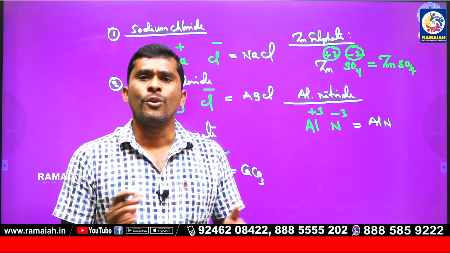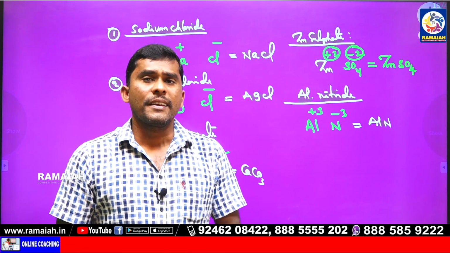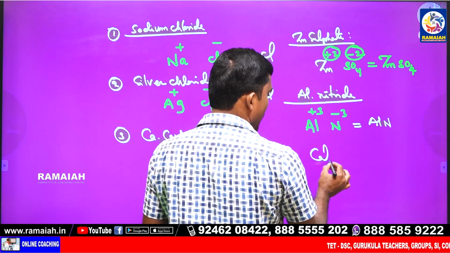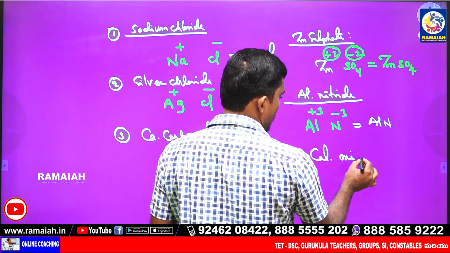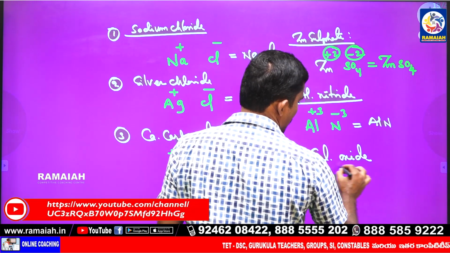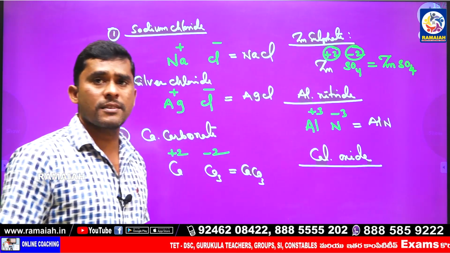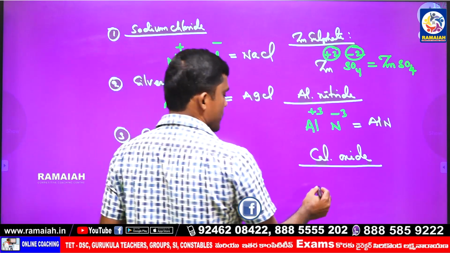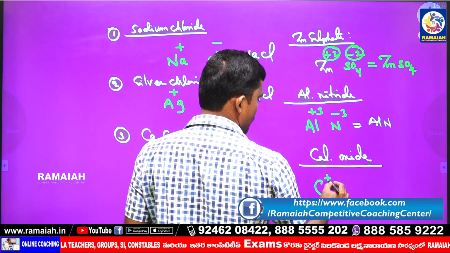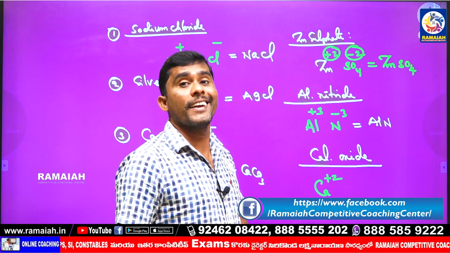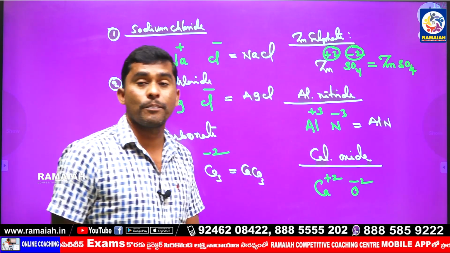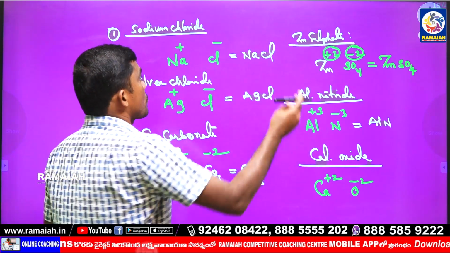For example, calcium oxide. What is the formula of calcium oxide? Calcium means Ca plus 2. Oxide formula is O minus 2.